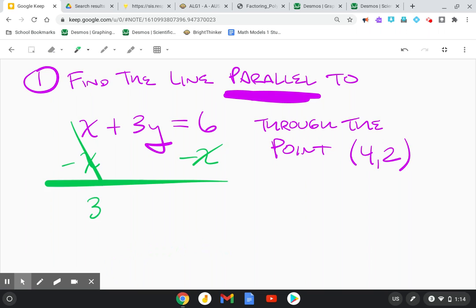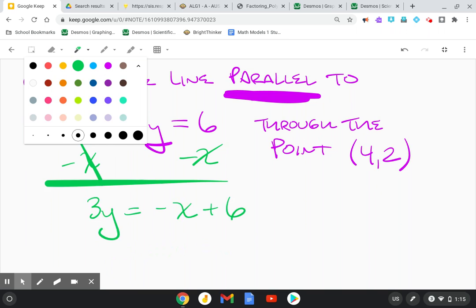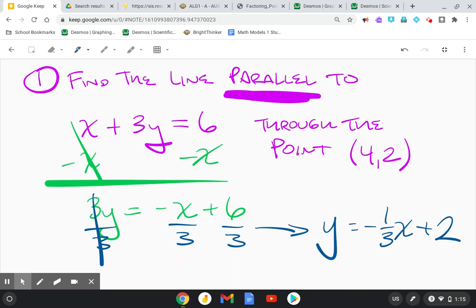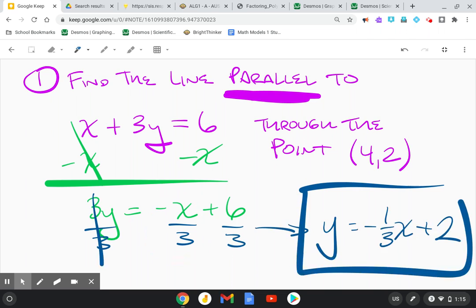That's going to cancel, leaving me with 3y equals negative x plus 6. And we end up with y equals negative 1/3 x plus 6 divided by 3, which is 2. So this is the slope-intercept form of our original line.